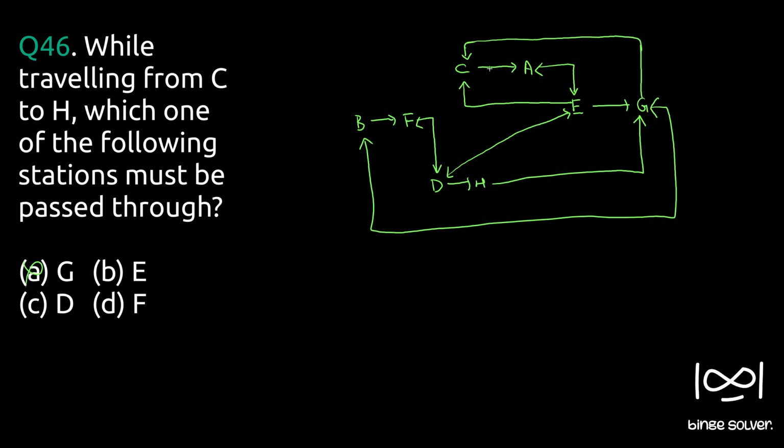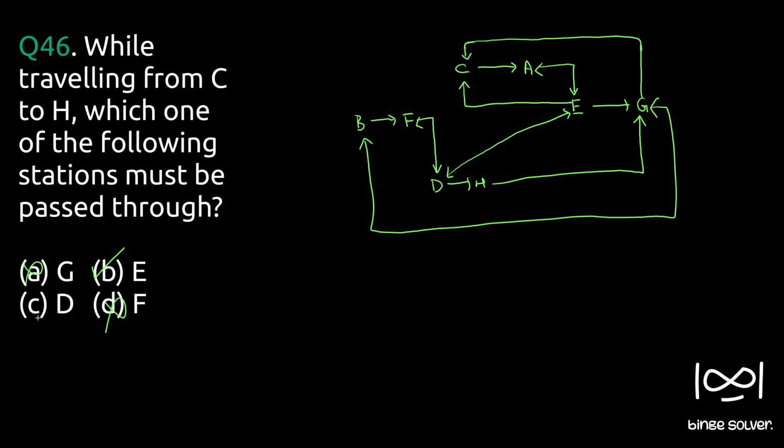If you see, in the path we chose, we must pass through E to reach H. So C to A, then we will have to go to E. There is no other way. From C only we can go to A, then we have to go to E. There is no other path we can choose. So E is a possible solution here. If you analyze other options, do you have to pass through F? You don't have to pass through F, since C, A, E, D, H is an option. So this is a wrong option.